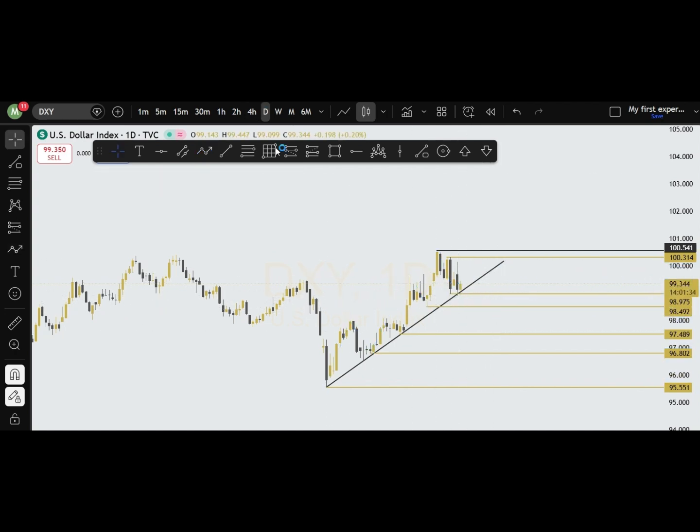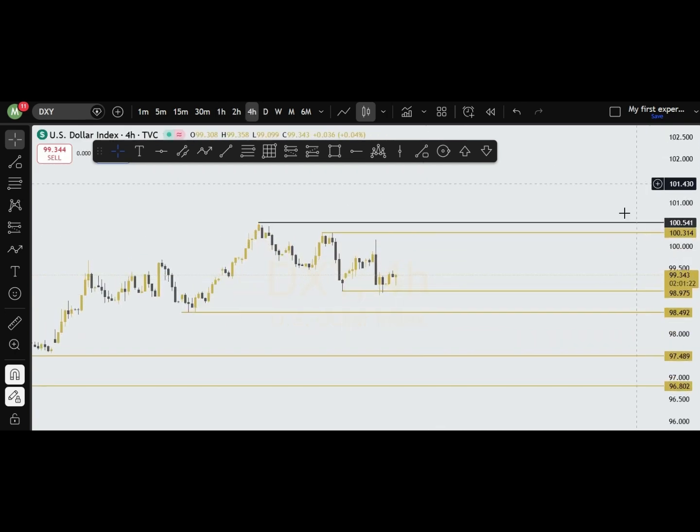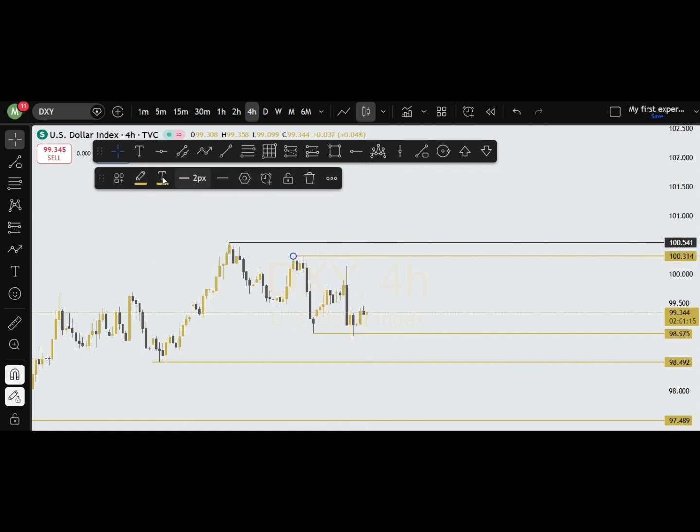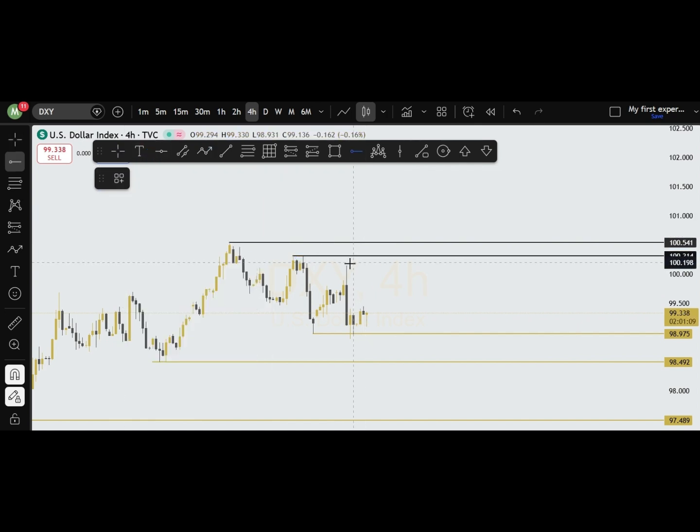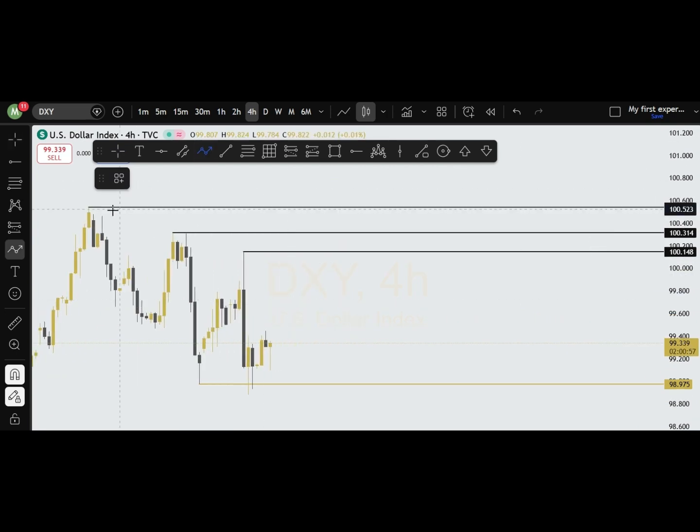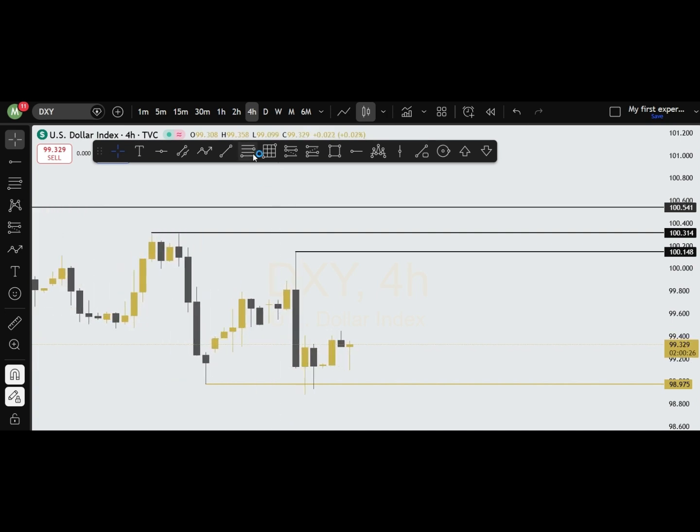If you go to the 4 hour side, that retracement has created a lovely bearish movement, creating lower highs, lower lows, and now it's showing a double bottom. So yeah, we will just wait and see what is actually happening currently.